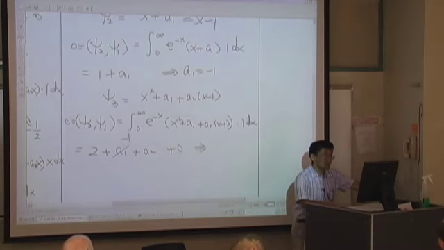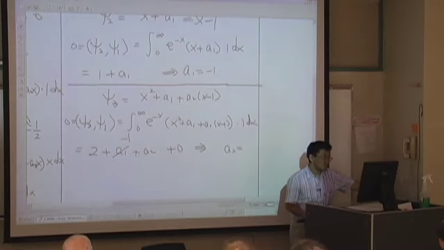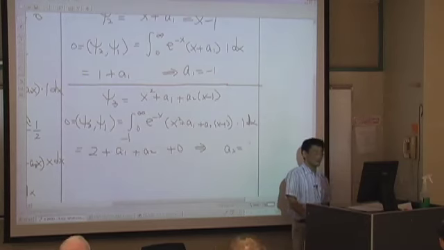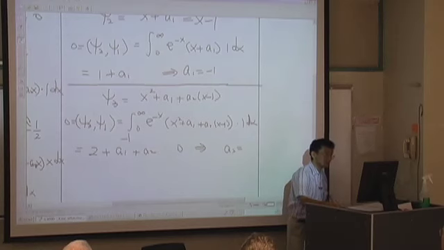So from this, a2 should be equal to what? Just a moment. This a1 has nothing to do with the previous a1. Sorry. Oh, I see. I somehow mixed up this thing.